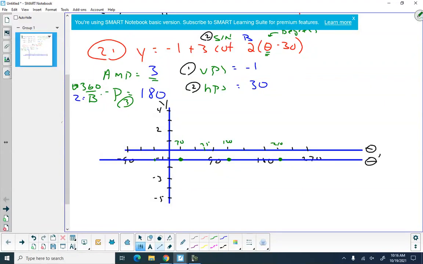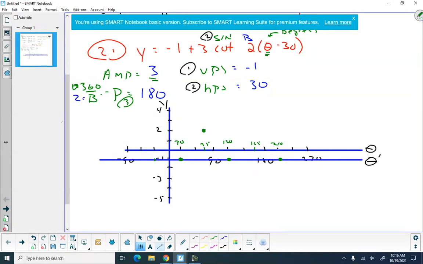Should be at 75. And 165. At 75, where do we peak out at, Brendan? 2.